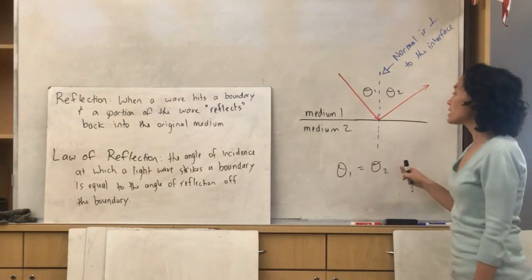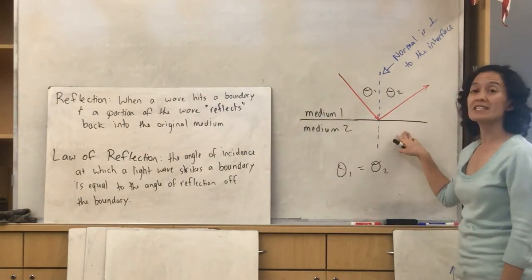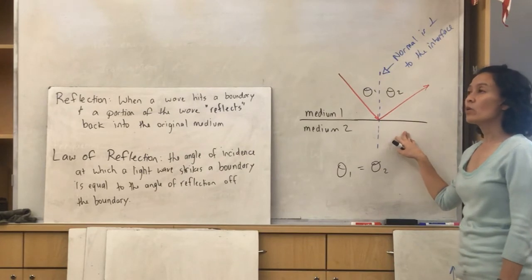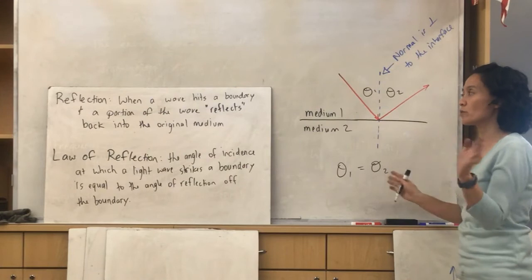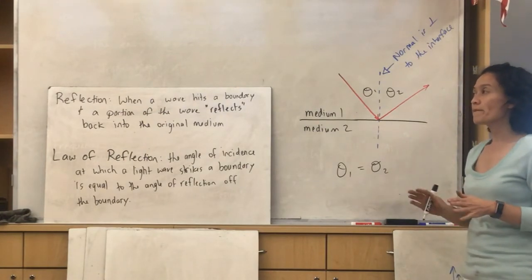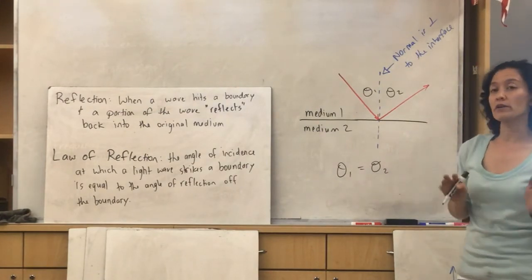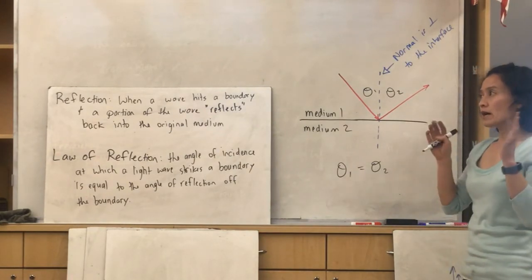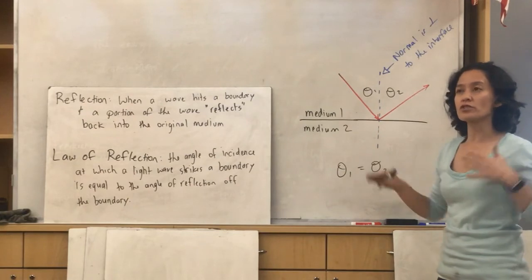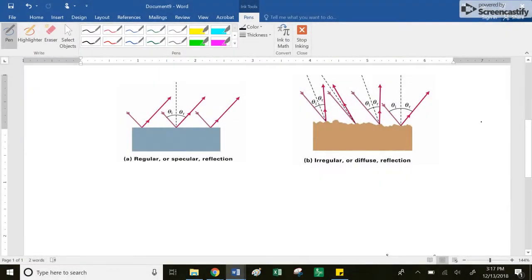Now, there are cases where my interface is not smooth, and I have what's called a diffuse reflection. So the video is going to shift, because I'm terrible at drawing this, to more of a pictorial diagram, and I'll explain the difference between a nice clean reflection and a diffuse reflection. There's what's called regular or specular reflection, and this occurs when the interface between the two mediums is very smooth.